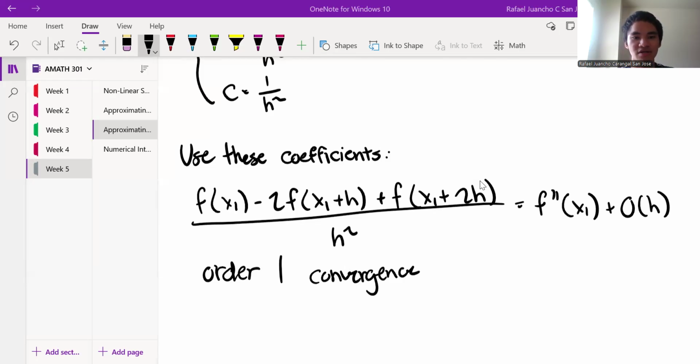Okay, let me go ahead and get some exercises. Or at least like an easier way to explain it, maybe. So that's our formula. This is our formula here.